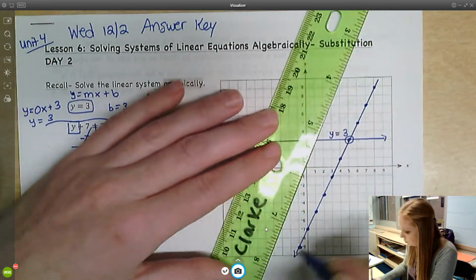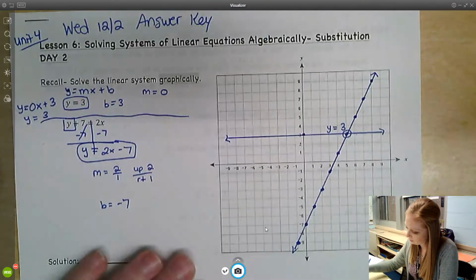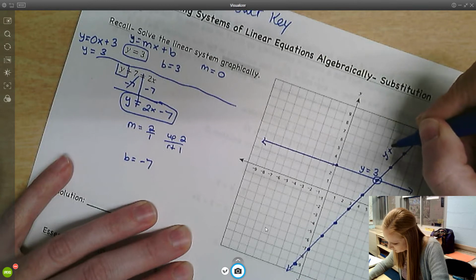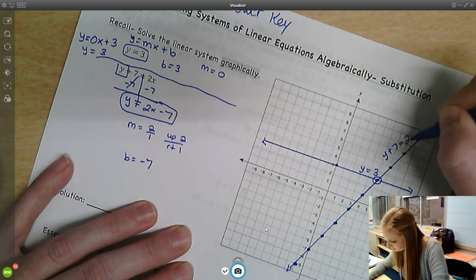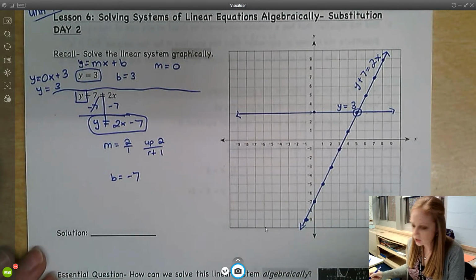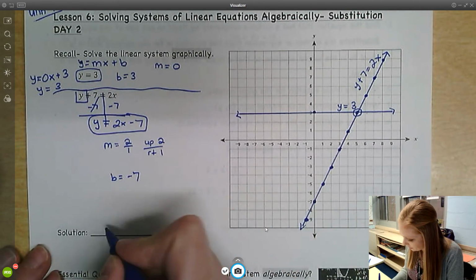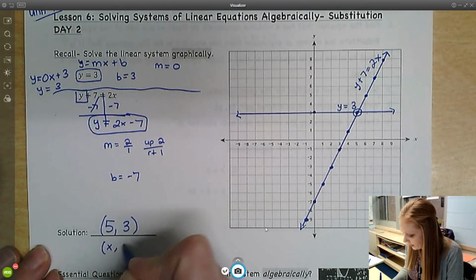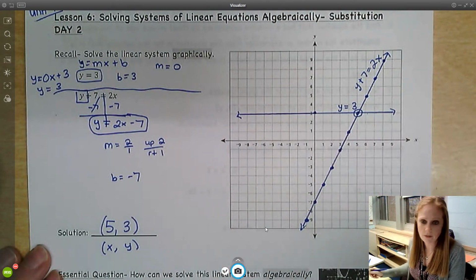System, again, is just two linear equations. I'm just going to label this one with the original, so y plus 7 equals 2x. And then y equals 3. Okay, and our point of intersection is the point 5, 3. Because remember, our points go x, y. So this is our point of intersection.